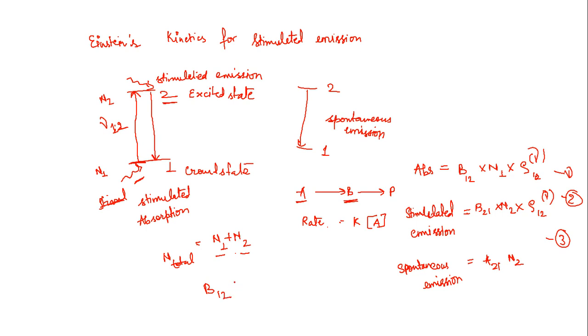So we'll write B12 multiplied by N1 multiplied by rho 12 at nu is equal to B21 N2 rho 12 at nu plus A21 N2.